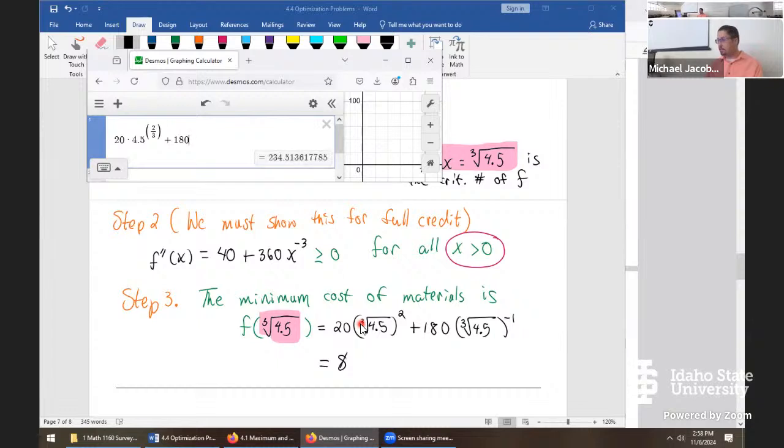Then plus 180 times 4.5 to the power of -1/3. Finally, this is our cost. It's a more expensive box than I would have thought, $163.54.